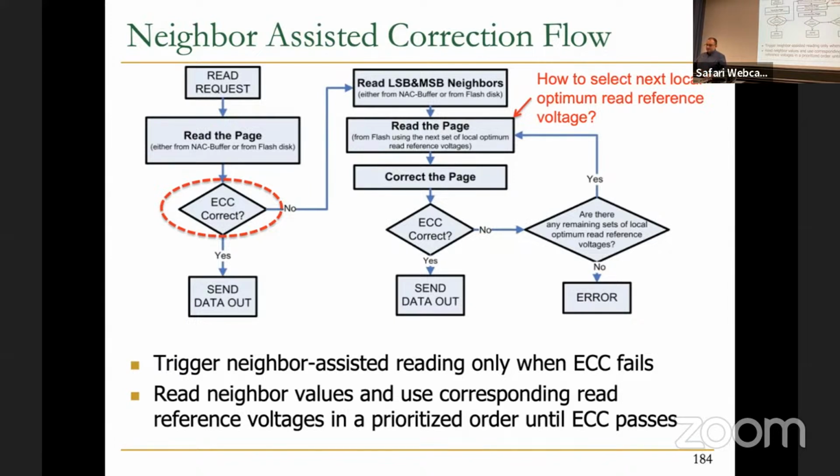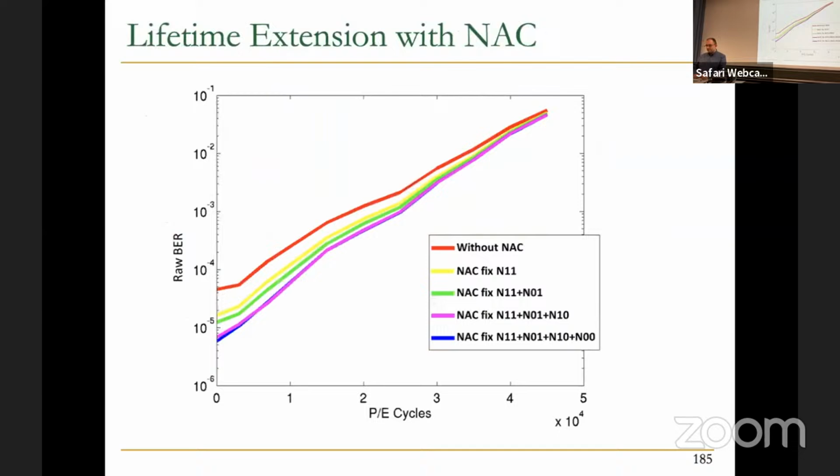Yeah, but this is actually quite an exciting idea, that you can use your neighbor to fix the errors. And we call this technique NAC, neighbor assisted correction. And with that, you can have some lifetime extension. So this is your ECC capable of correcting 4 bits per 1 kilobyte.